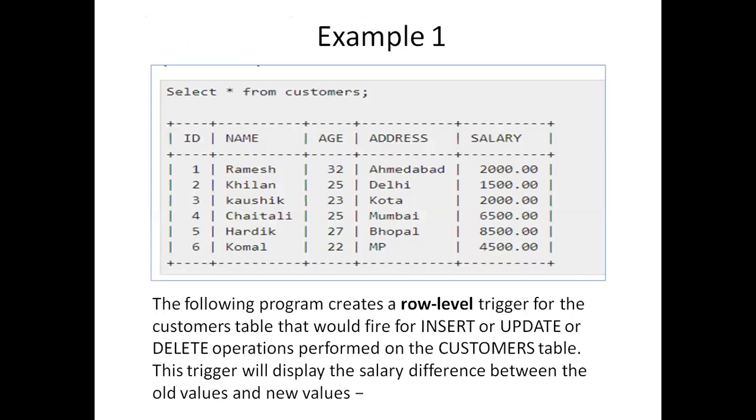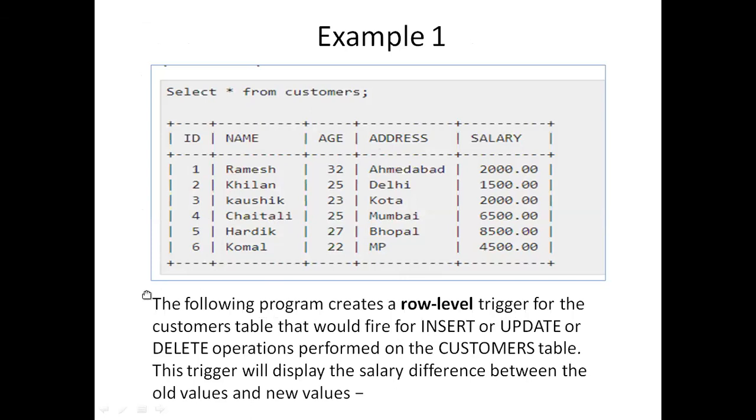Now I'm going to show you a small example. I have taken a small table called customer. What are the various columns in this customer table? ID of every customer, name of the customer, age, address, and salary of the customer. Now I am writing a row level trigger.